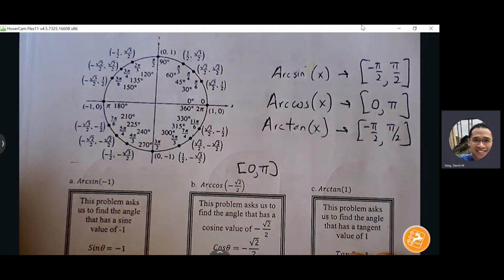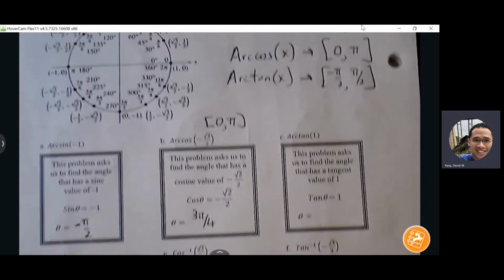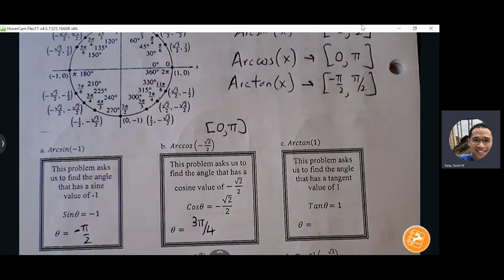Is the only difference between like tangent and arctangent that arctangent has limitations? That's right, it has limitations, right? So if you see that capital A, we're restricted to just that region where the inverse will still remain a function. Yeah, so we call that principal values. Principal values is we just want the answer that's closest to the origin.